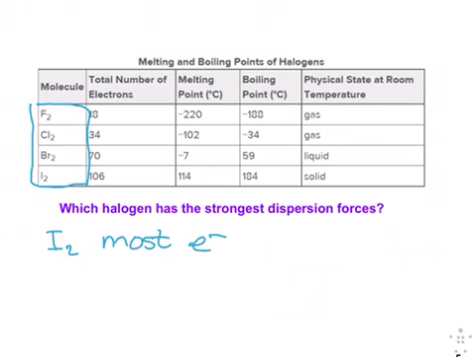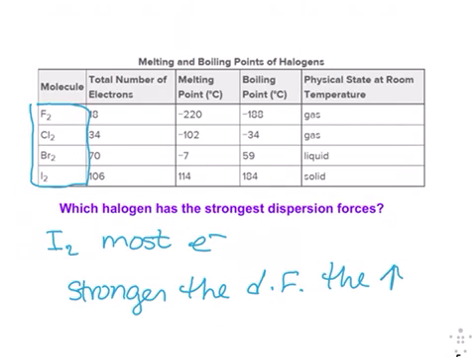electrons. So what would you say the relationship between dispersion forces and boiling points is? The stronger the dispersion force, the higher the boiling point.